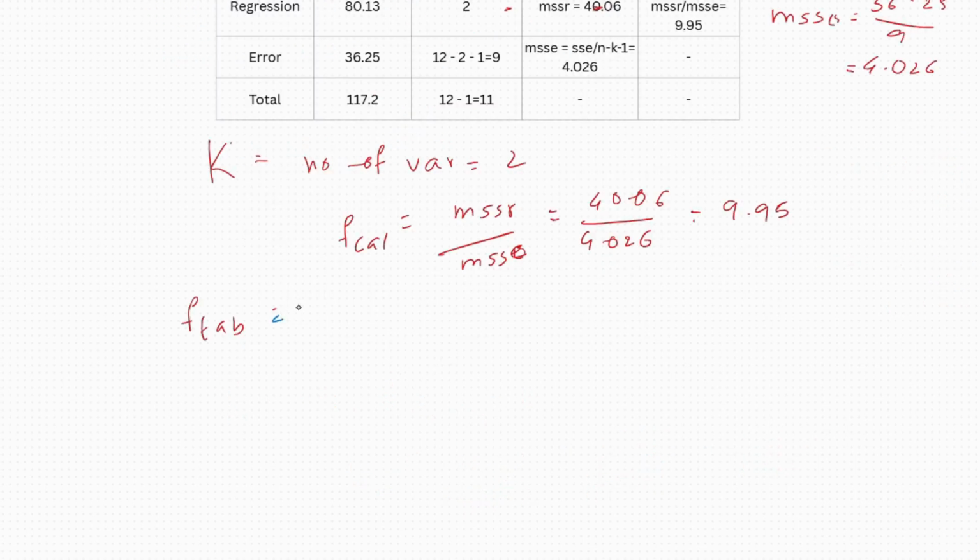F tab is calculated by the formula F of k comma n minus k minus 1. Let's find the tabular F value from the table.